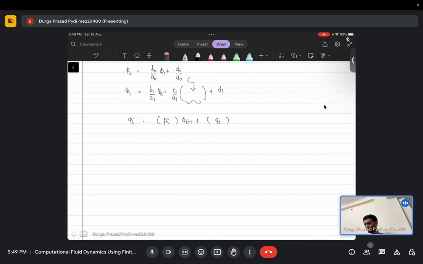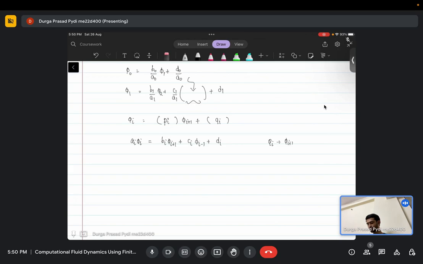So how do we go about it? We have our original equation a_i phi_i equals b_i phi_(i+1) plus c_i phi_(i-1) plus t_i. What we are trying to do is substitute phi_(i-1) in terms of phi_i, so that this entire equation will give us a relation of phi_i versus phi_(i+1).